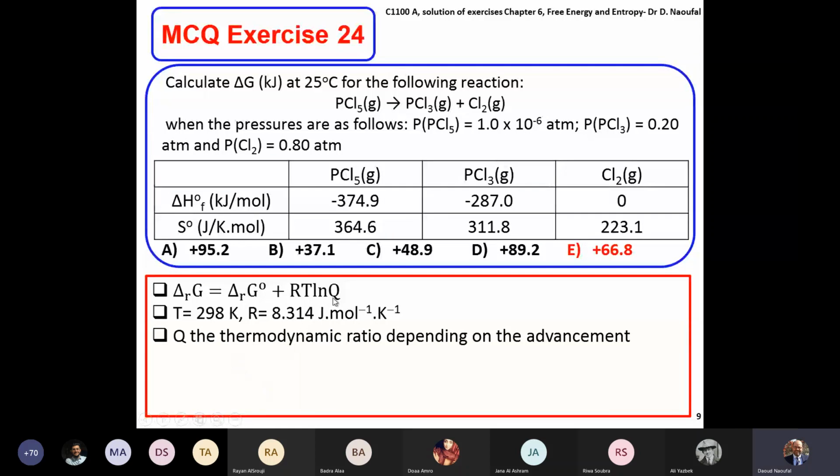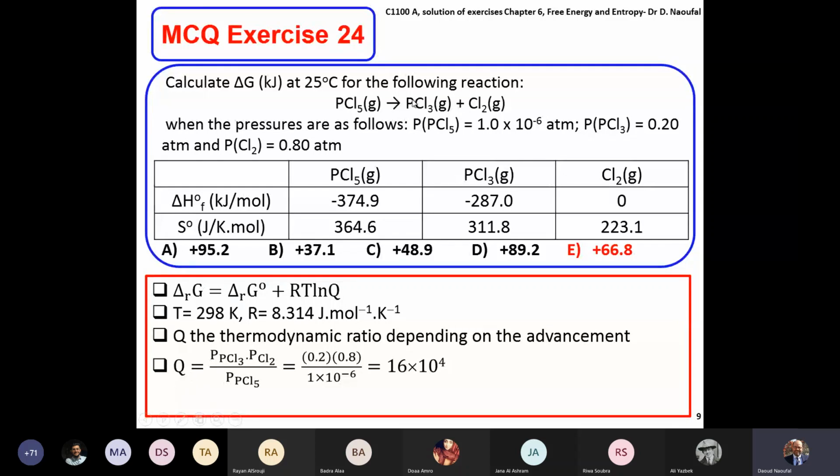Q is the thermodynamic quotient, depending on the advancement, depending on the given pressures. And the Q is equal to the products over the reactants according to the stoichiometry. And pay attention, for solid, neglect the presence of solid and liquid. For ions, use concentration, and for gases, use the pressure.